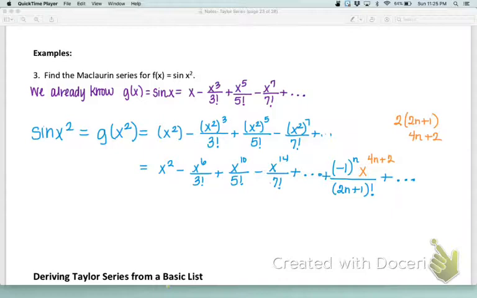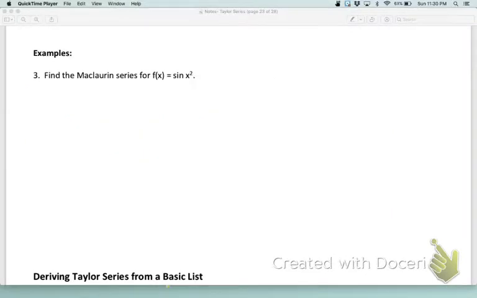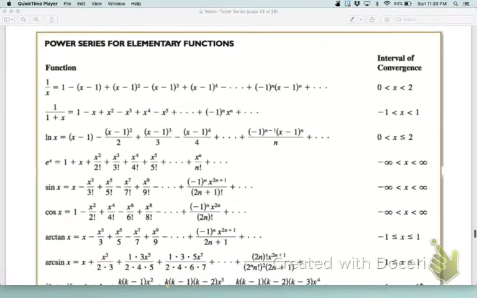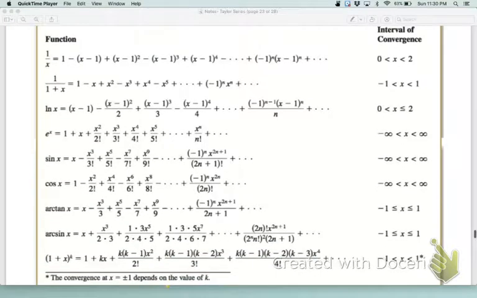And so what that allows us to do is that we can use a basic list of known power series, okay? And then we can use them to build new power series. Now, the AP exam, which none of this is being tested this particular year, 2020, because of the COVID-19 pandemic.